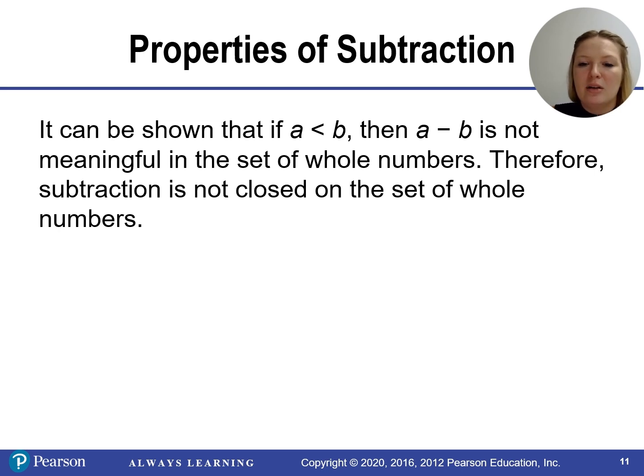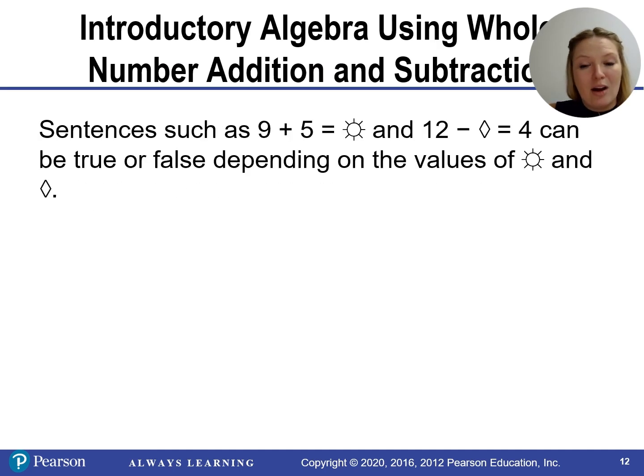So the whole numbers are not closed under subtraction, because we're not going to get another whole number when we subtract any two whole numbers. For example, 10 minus 15 would give me -5, but -5 is not a whole number. So the whole numbers are not closed under subtraction like they are under addition.